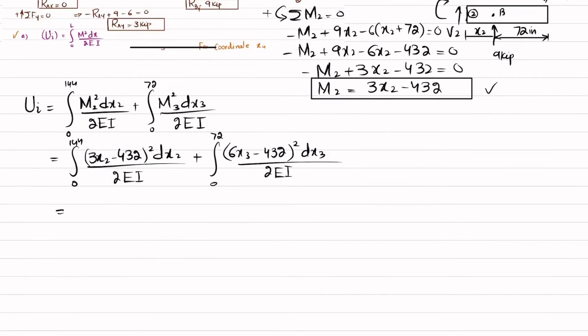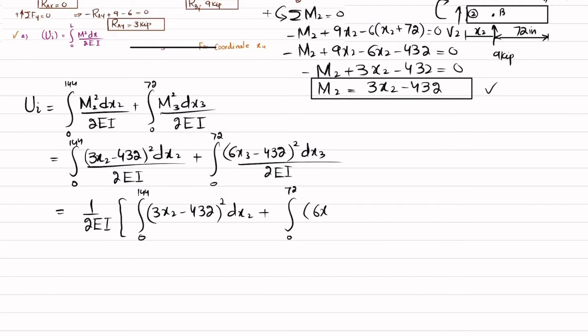Okay, so you can take 1 over 2EI common from both, and we will be left with the integral from 0 to 144 of (3x2 minus 432) whole squared dx2 plus the integral from 0 to 72 of (6x3 minus 432) whole squared dx3.